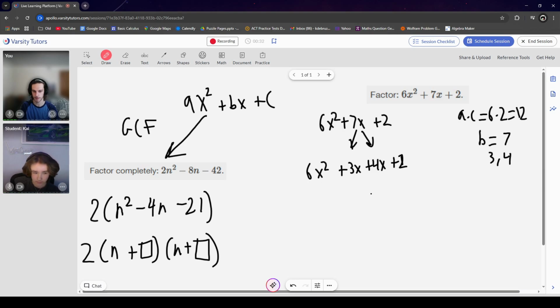Yes. Okay, this is fine. Now we're going to look at each of these two pairings, and we're going to do a greatest common factor of each. So what is the GCF of this one?